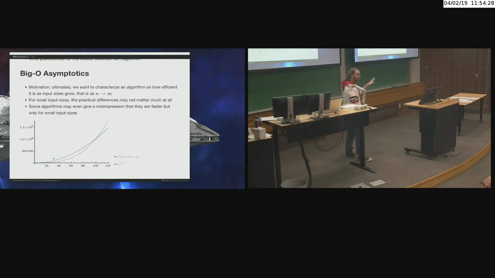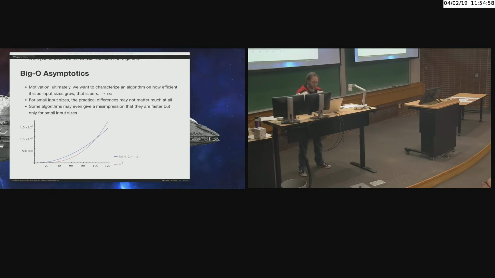The blue one will always stay, from 101 and on, the blue one will always stay below the red one, meaning that for input sizes of 100 or more, the blue algorithm, the algorithm characterized by the blue, is going to be way better. Right? So if we don't care about small input sizes, we only care about its trend as it tends towards infinity, then we need a tool to characterize that. Right?